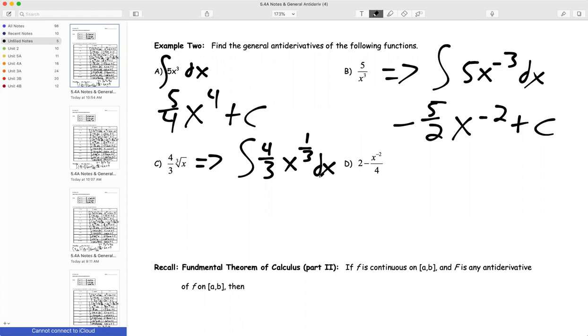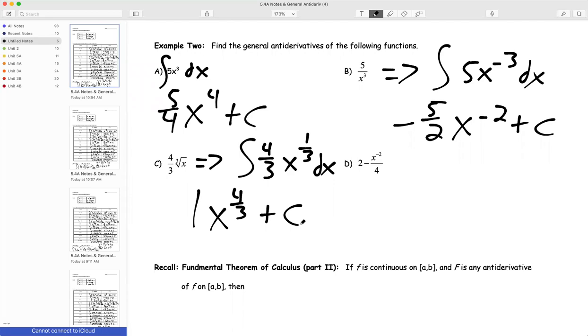So I add 1 to the exponent. 1/3 plus 1 gives me x to the 4/3. Now I divide. So 4/3 divided by 4/3 gives me 1. And I add on my plus c.